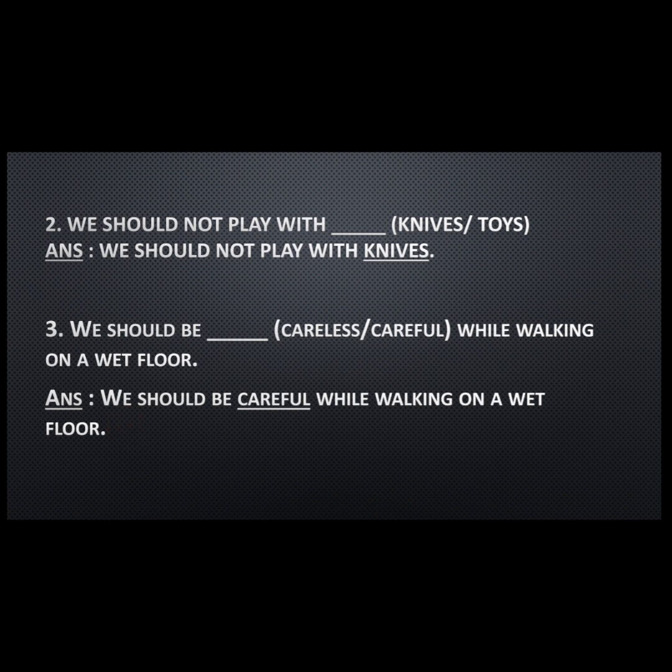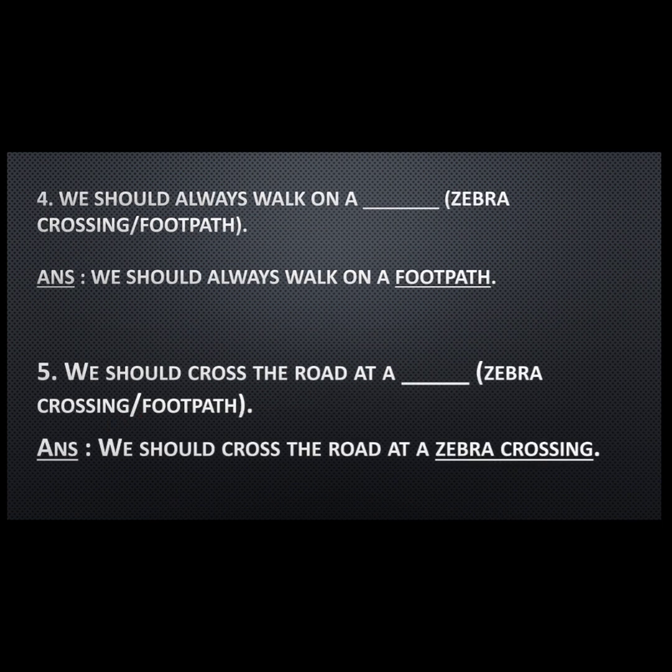Then the next question is, we should always walk on a dash. Options are zebra crossing, a footpath. The answer is, we should always walk on a footpath. Zebra crossing is used by pedestrians to cross the road.